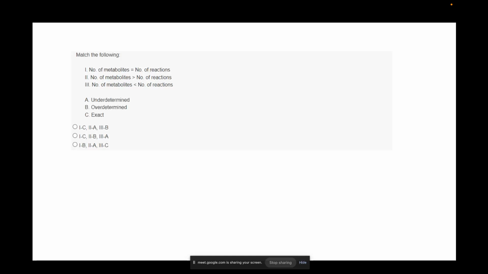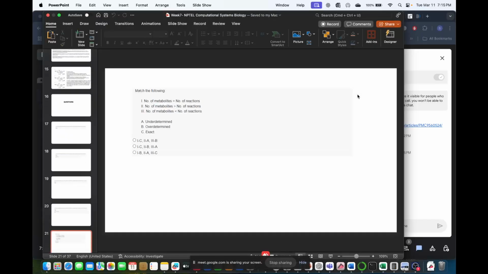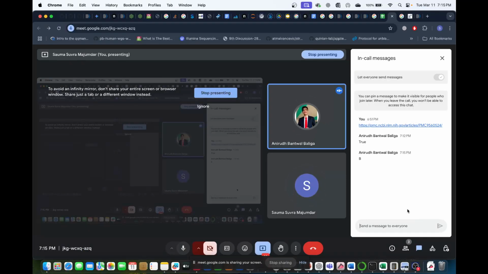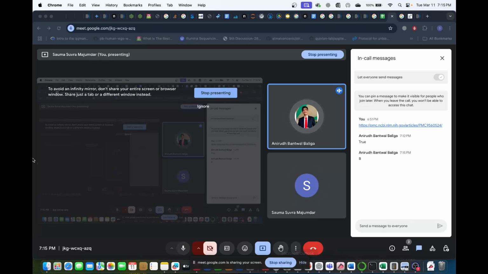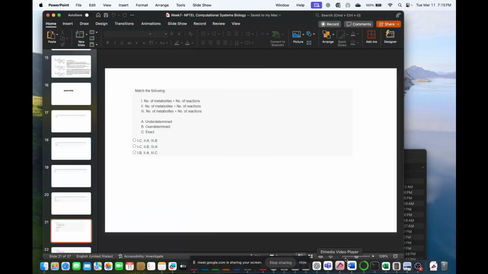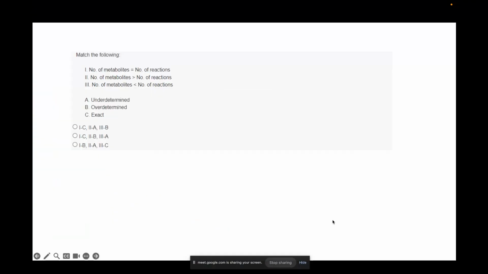The second option, 1C, 2B, 3A. No, the third one is B. Undetermined would be more reactions than metabolites.